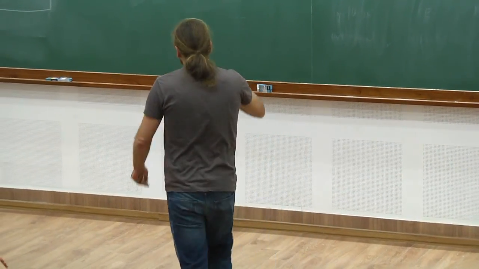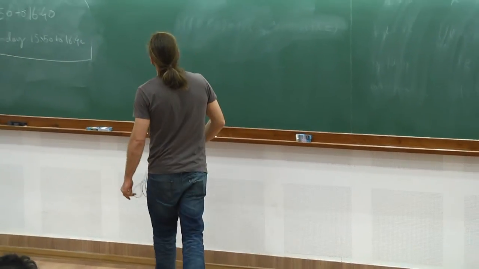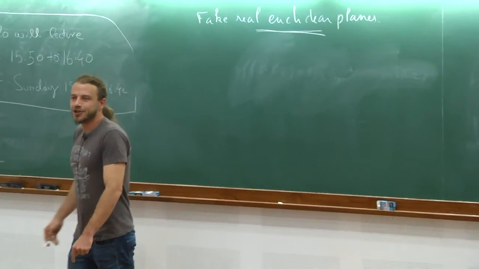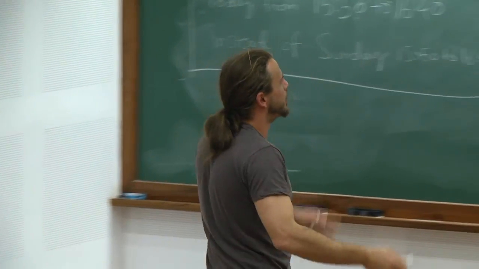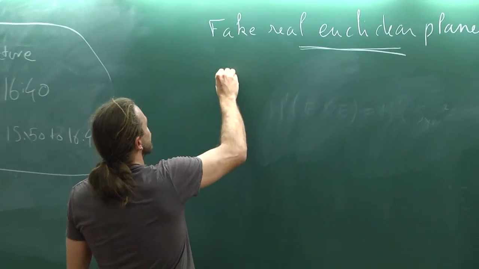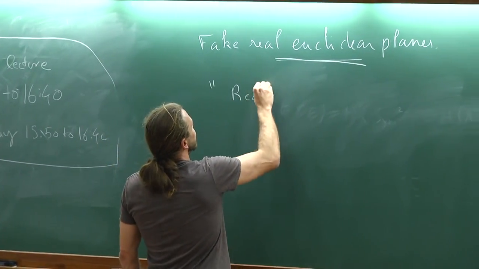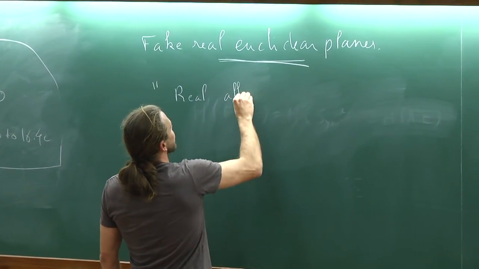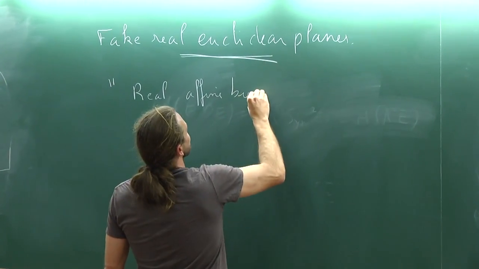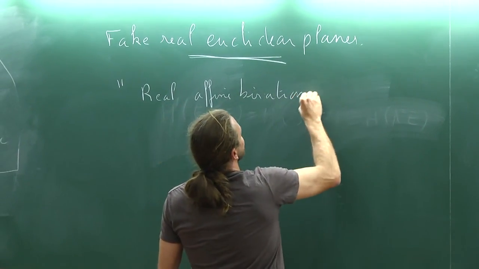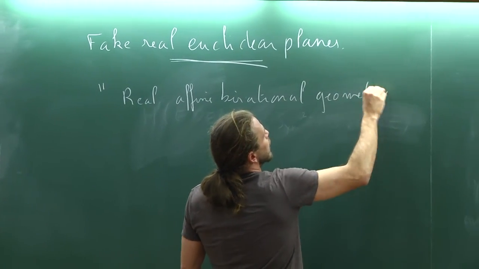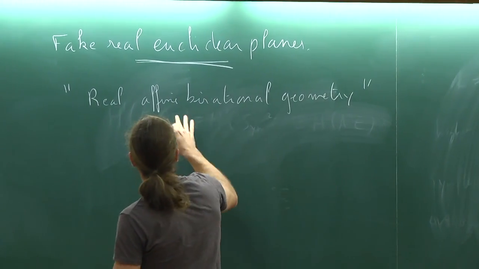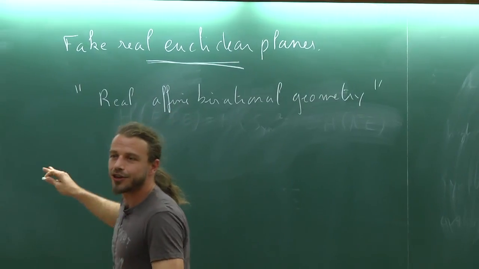And so after a while, we ended up with something which looked like some kind of natural question. So mostly it would be a question of real affine birational geometry, and essentially there is no such thing as birational affine geometry.